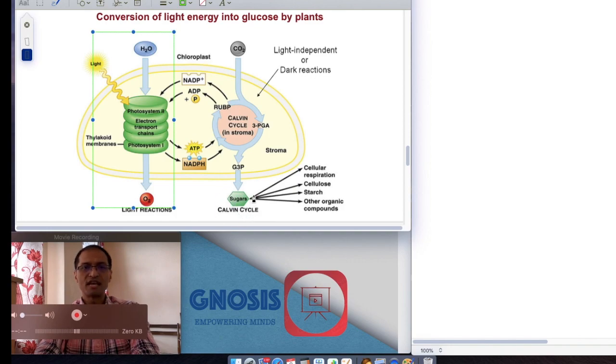And these sugars can then be utilized by the plant for various cellular processes and also as storage. So when you look at this process of photosynthesis, we find that the first law of thermodynamics is very, very prevalent in this reaction. And as I said earlier, it is one of the classic examples that you can have for the application of the first law of thermodynamics in biological systems.